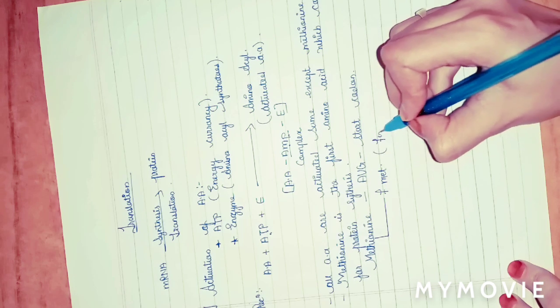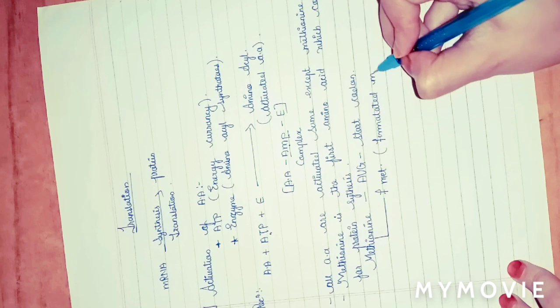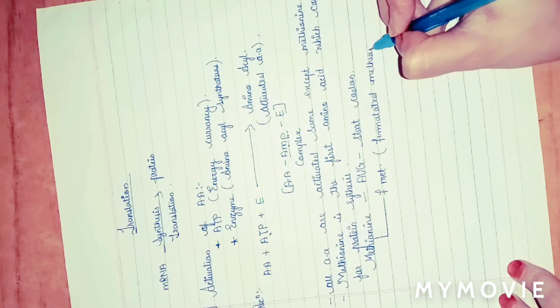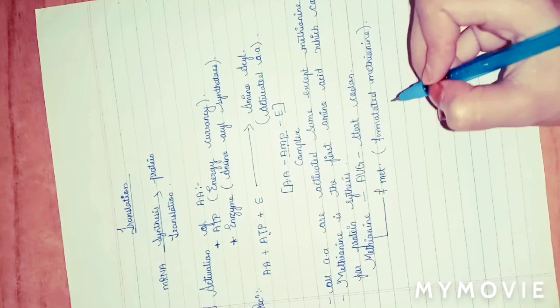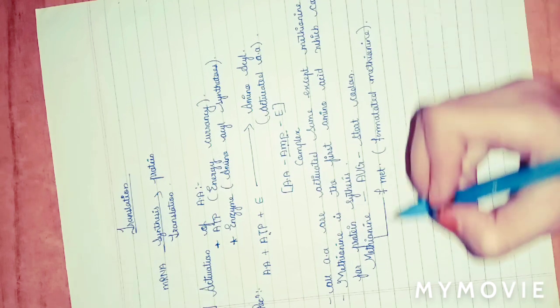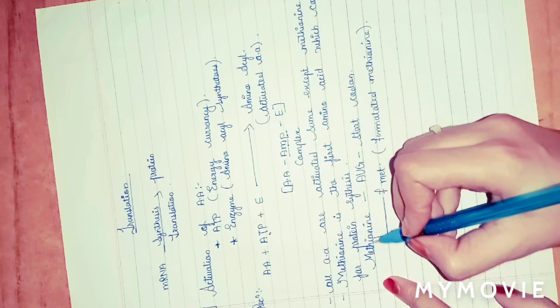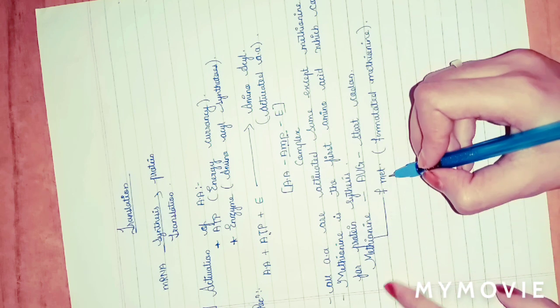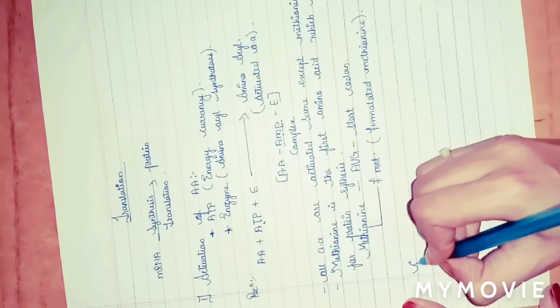Meaning formylated methionine. For a particular reaction, we require an activated amino acid. When this amino acid, methionine, gets activated, it is known as F-met.